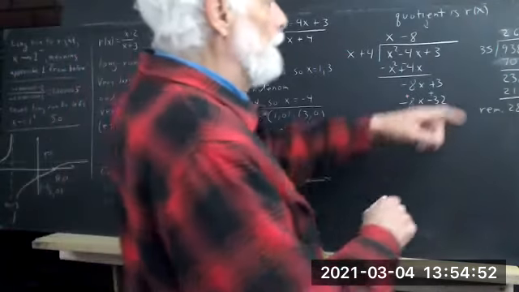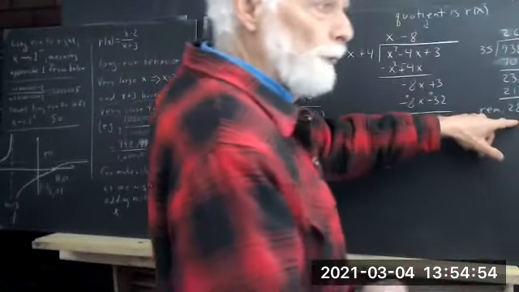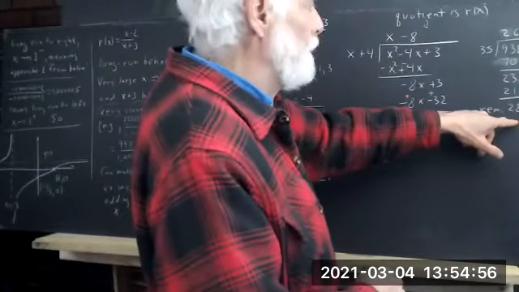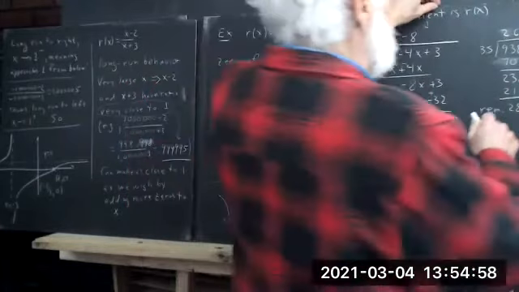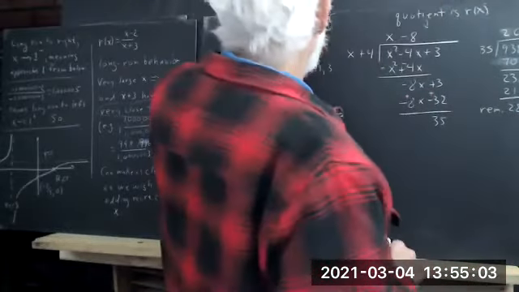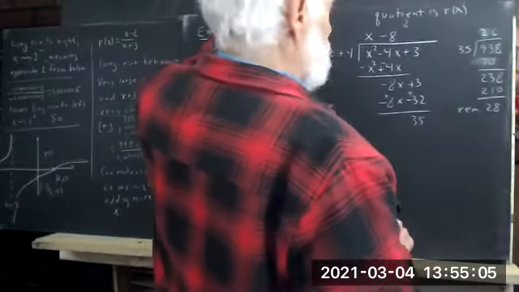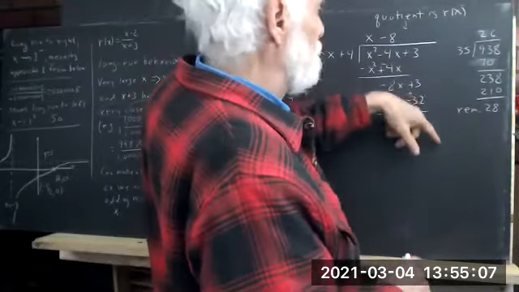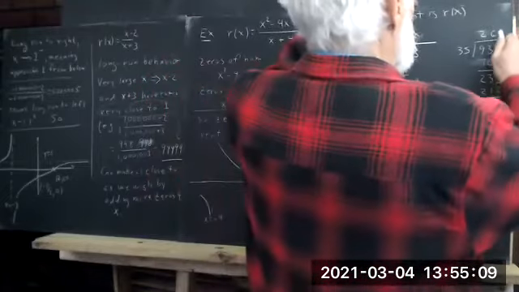Up here, our remainder was 28. So we can say that that's going to give us, and let's make sure that we can see all this. Okay, well, here's our long division.